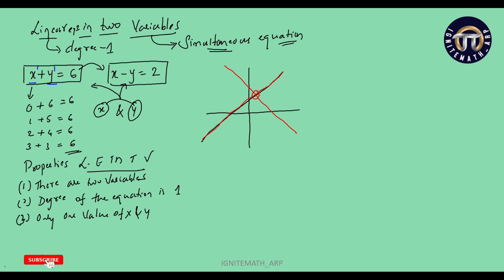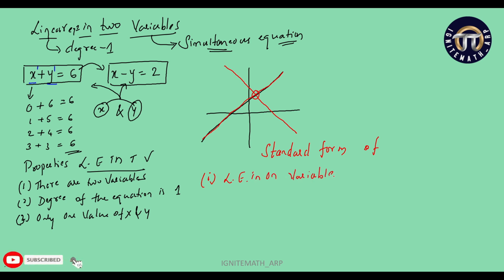Let me tell you the standard forms. The first one is the linear equation in one variable. What is the standard form of a linear equation in one variable? I can say it as ax plus b is equal to 0, where a and b are integers and x is the variable.